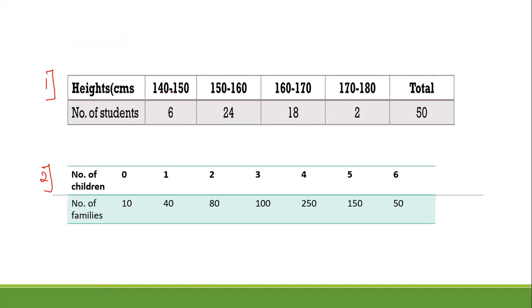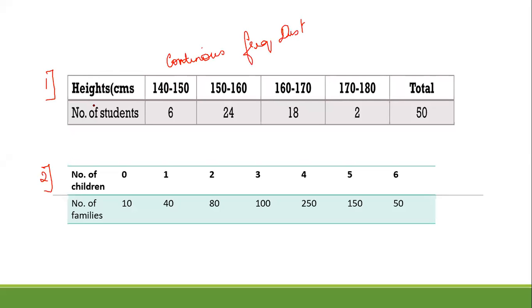So when you get a table like 140 to 150, 150 to 160, you see it is in a continuous form, in one class interval each. This form of distribution is called continuous frequency distribution.